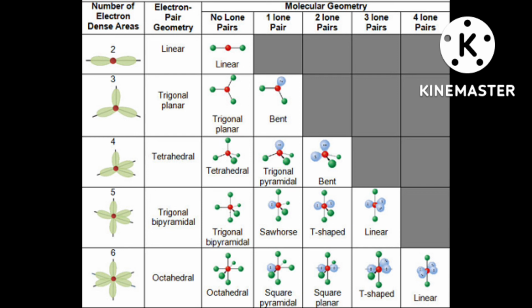Correct? So first linear, second trigonal planar at 120 degrees, then tetrahedral at 109.5 degrees, and trigonal bipyramidal if 5 are there. Similarly octahedral will also be there, that is AB6.